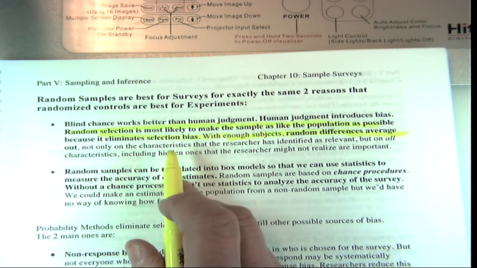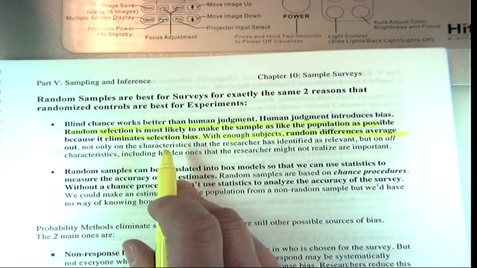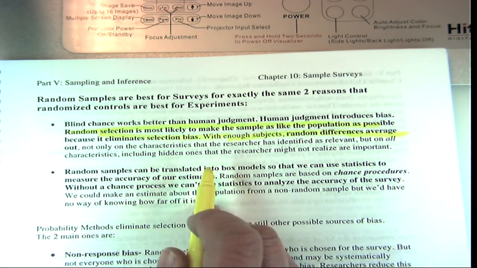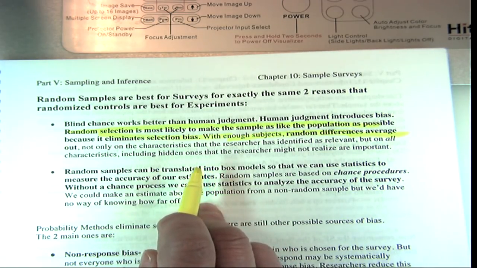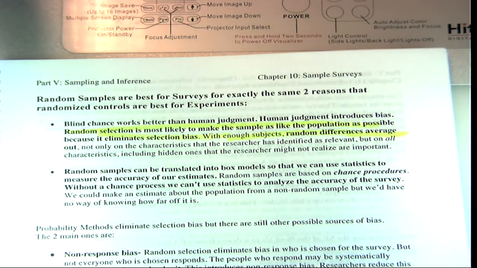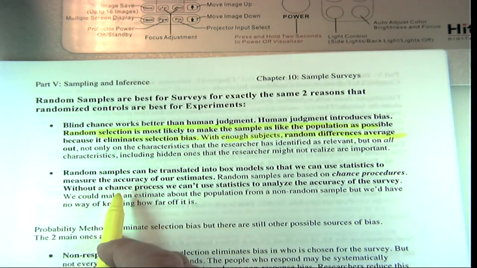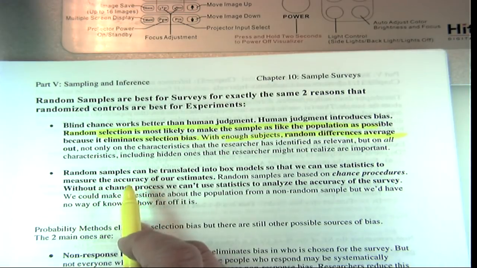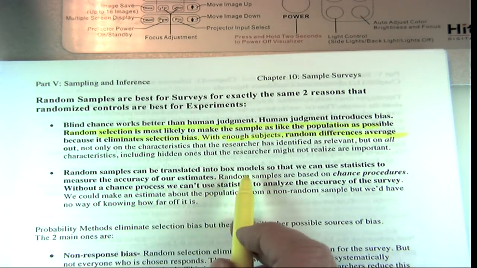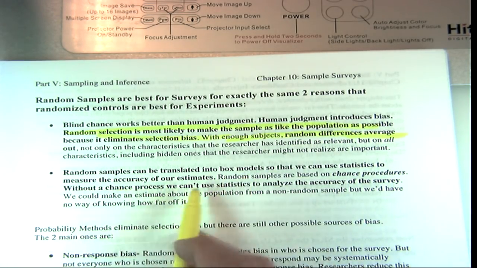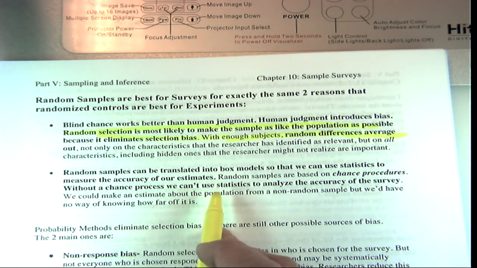So with a big enough sample, these accidental differences average out, whereas with biased samples, they don't. With a bigger and bigger sample, you just get bigger bias. It doesn't average out. It always goes in the same direction. This is very important. And also, these random samples can be translated into box models so that we can use statistics to measure the accuracy of our estimates.